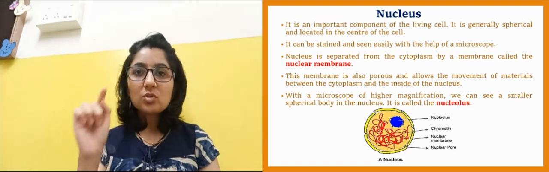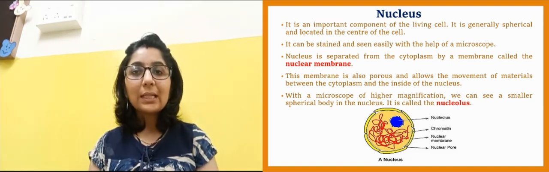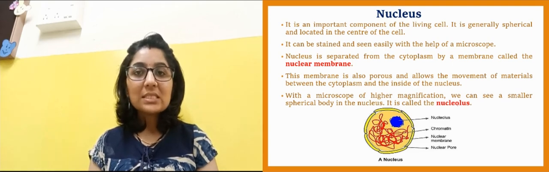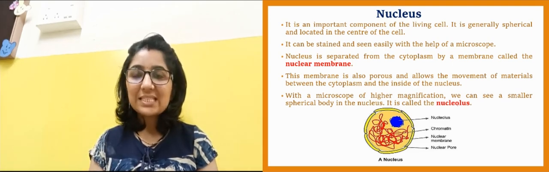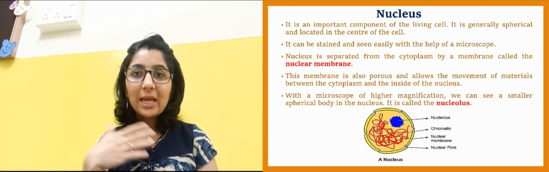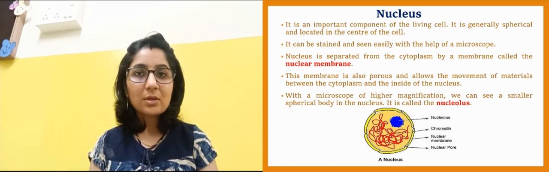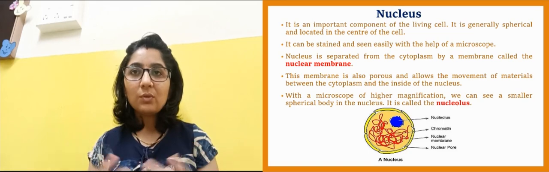So the nucleus, which is round in shape, also has a membrane over it. That membrane is called the nuclear membrane, as it surrounds the nucleus. And the membrane which surrounds the cell is the cell membrane or plasma membrane. So there is no need for any confusion. So this is the nuclear membrane.